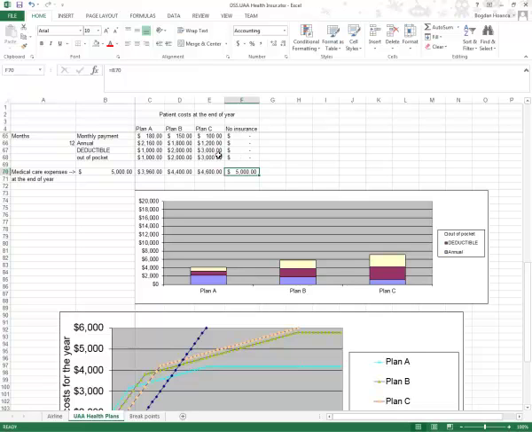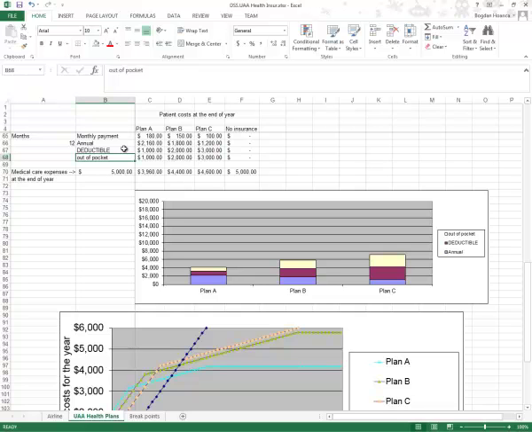Let me also mention what this out-of-pocket is. Once the patient has paid more than $1,000, this is the legal out-of-pocket. It's not the effective out-of-pocket. It's a term that the insurance companies use. And so what they consider the out-of-pocket is the amount that the patient will pay beyond the deductible when the patient pays 20% of the medical care expenses and the insurance company pays 80% of the medical care expenses.